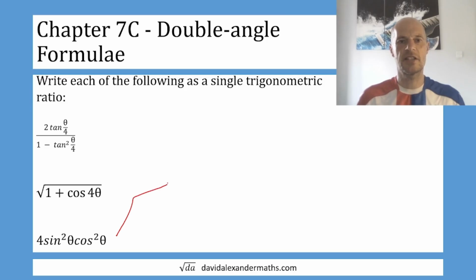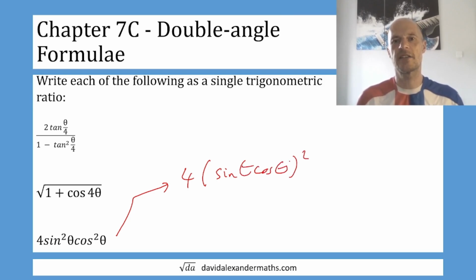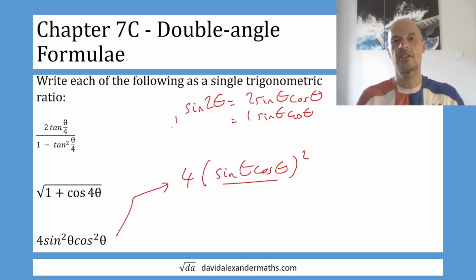Okay, so this last one's a little bit nasty. First of all, I'm going to write it as 4 lots of sine theta cos theta all squared. Sine theta cos theta all squared is sine squared theta cos squared theta. Now, I know that the sine of 2 theta is 2 sine theta cos theta. So if I've only got 1 sine theta cos theta, that's what I've got inside the brackets, that's half of 2 sine theta cos theta, so that's half sine 2 theta.